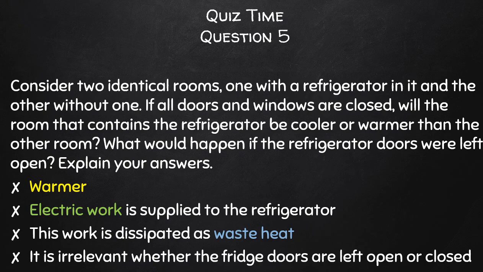So the room that has the fridge will always be warmer. It is irrelevant whether the fridge doors are left open or closed, because on average, the room that contains the fridge will receive electrical work, and so overall it will be receiving waste heat.